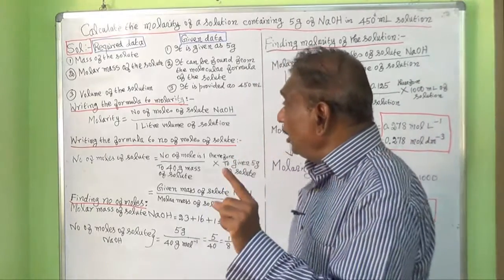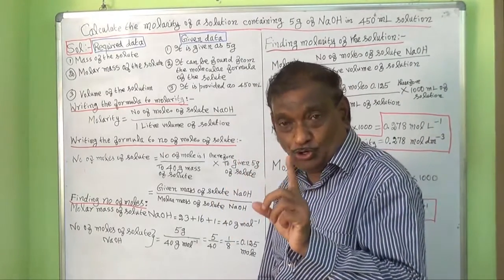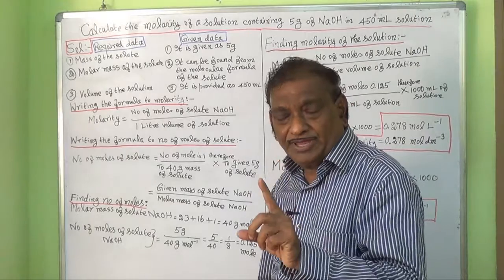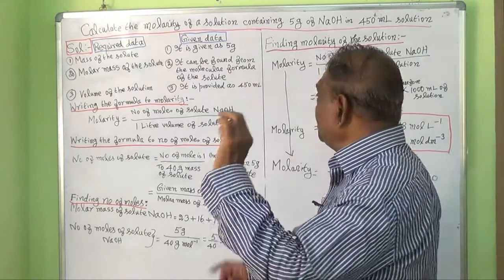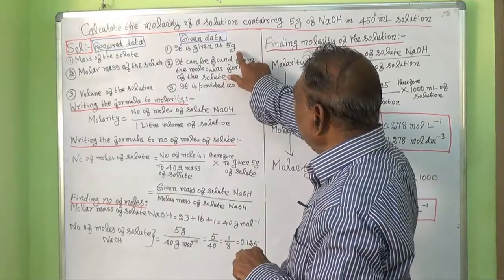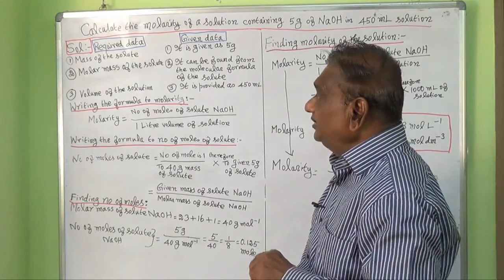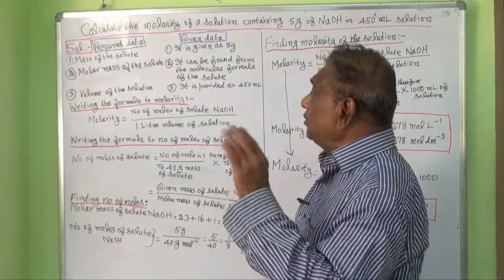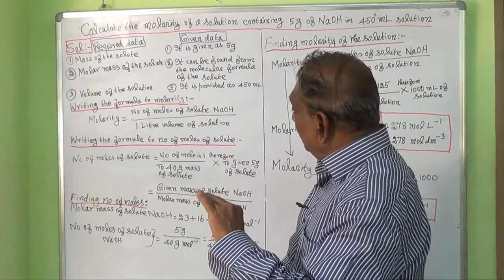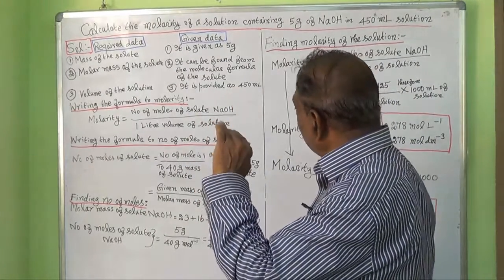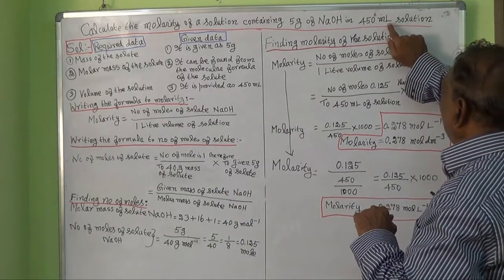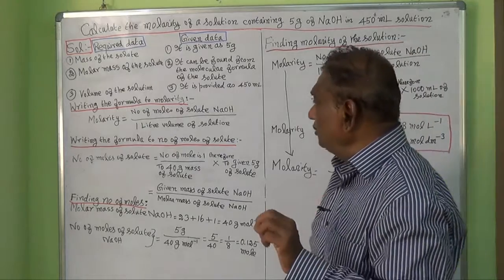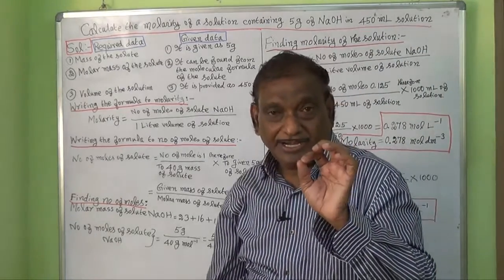In respect of the mass of the solute, in the sum, the mass of the solute, sodium hydroxide, is given as 5 gram. In the case of volume of the solution, it is also provided in the sum as 450 ml. That is the volume of the solution.